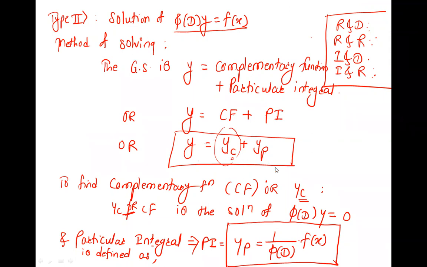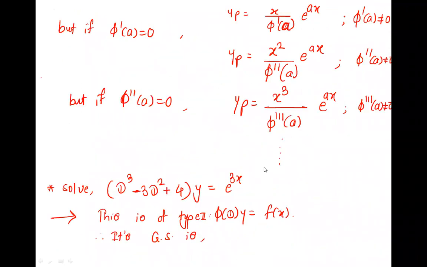So we follow this yc plus yp. Its general solution is y is equal to yc plus yp. If here it is 0, then we directly get y. Correct. But if here it is not 0, then y is the combination of yc and yp. Clear?